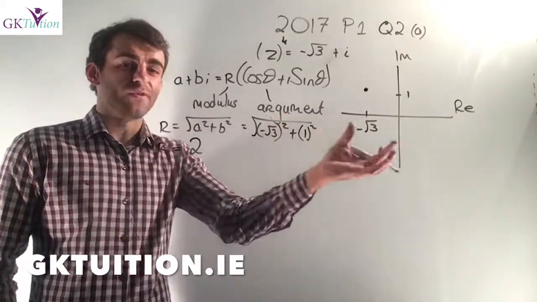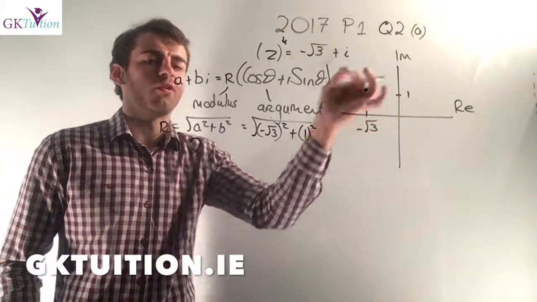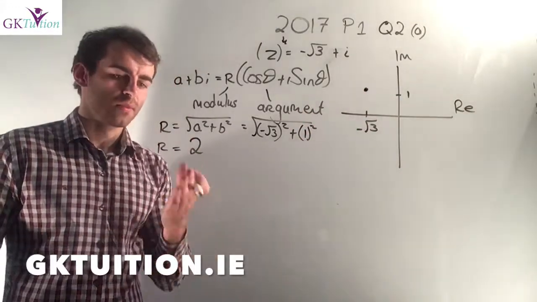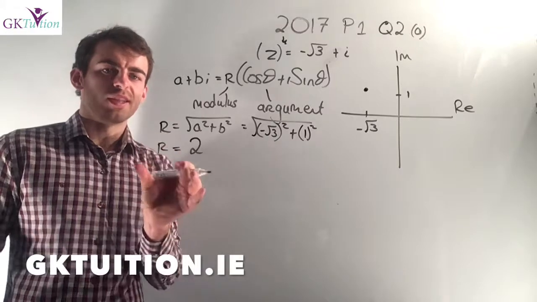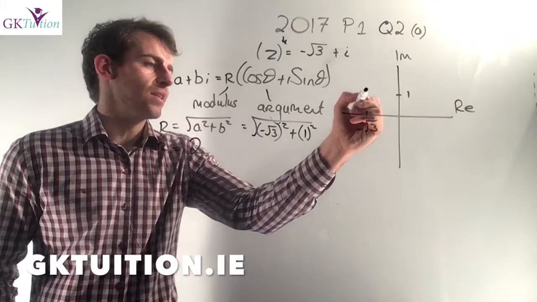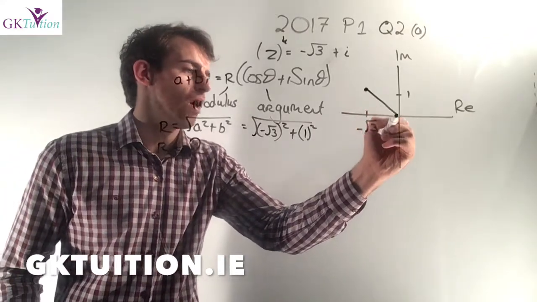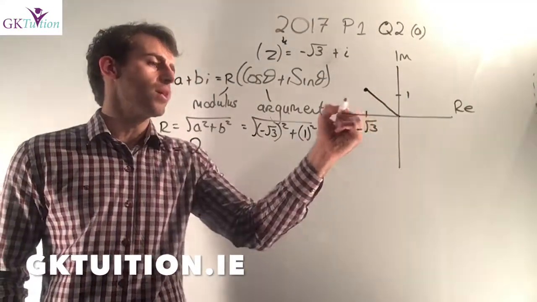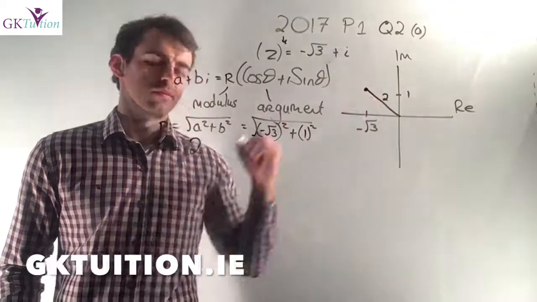Again, this is just my own rough work, so you can just draw a rough sketch in your solution. I want you to recognize what the modulus is in the context of this graph. The modulus is the distance between the complex number and the origin. So I know the distance from my complex number to the origin is 2.